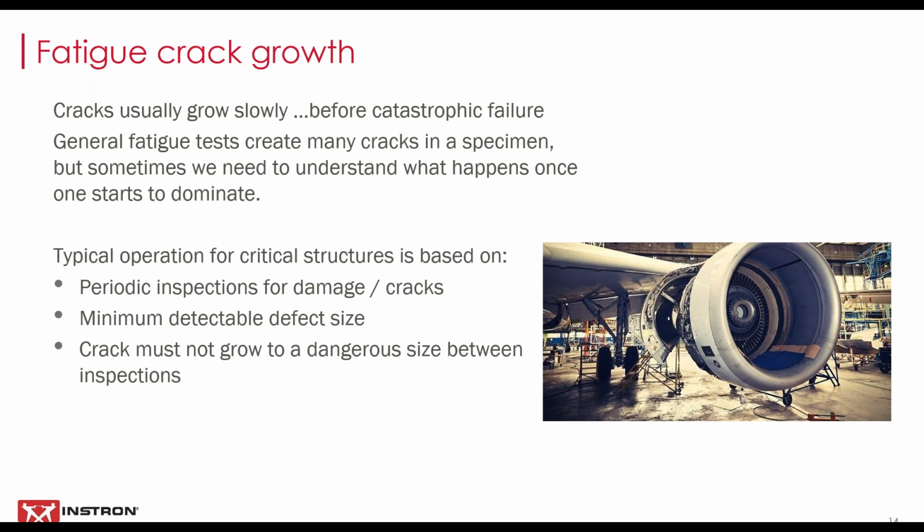I'm going to bring it back to the idea of, in this case, aerospace structures and the way that you operate them. So you have periodic inspections for damage or for cracks. And when you do that, there is a minimum size of defect. Realistically, you've got hundreds of square meters of aeroplane to inspect, and you're not going to be able to inspect well enough to see anything that's, let's say, smaller than 5 millimeters.